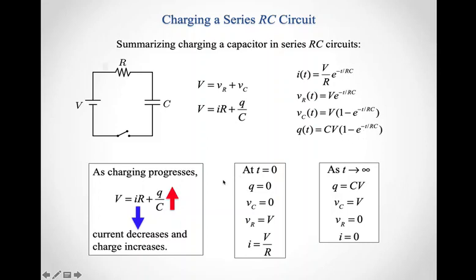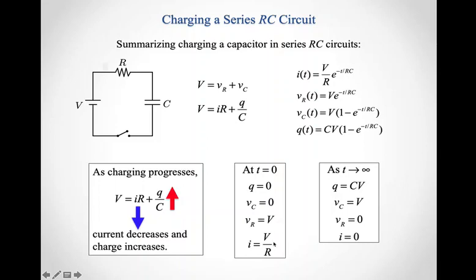So what you can see is, as charging progresses, the voltage of the battery is constant. The decreasing current means that the voltage over the resistor drops. The increasing charge on the capacitor means the voltage across the capacitor increases. At t equals 0, there's no charge on the capacitor, which means there's no voltage drop across the capacitor.